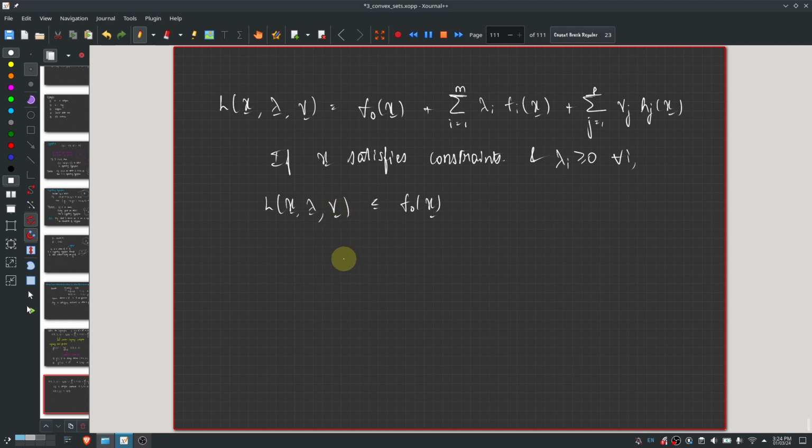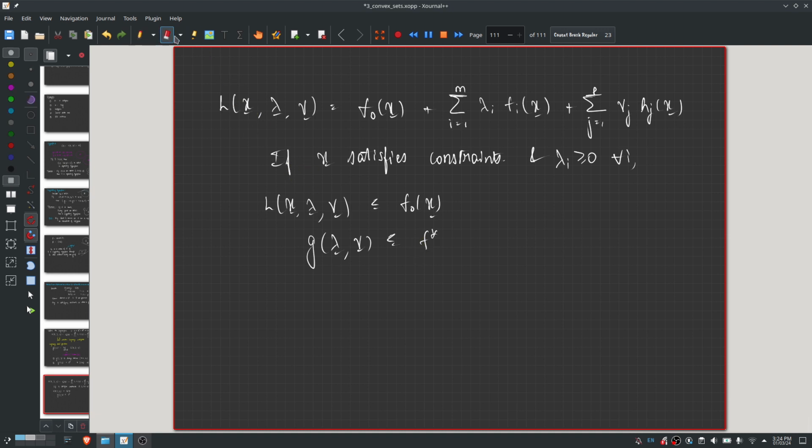Now what happens if I minimize both sides, subject to the constraints? So I get g of lambda, nu is less than or equal to f star.